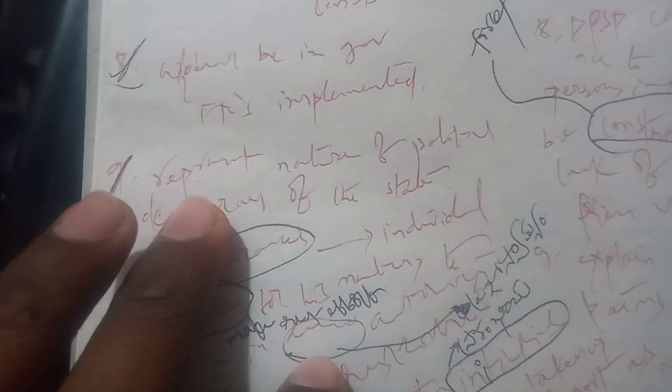Ninth point from the FRs: Fundamental rights represent the nature of the political democracy of the state. Ninth point in DPSP: DPSP explains the ideas of the nation and the aims and goals of the government.